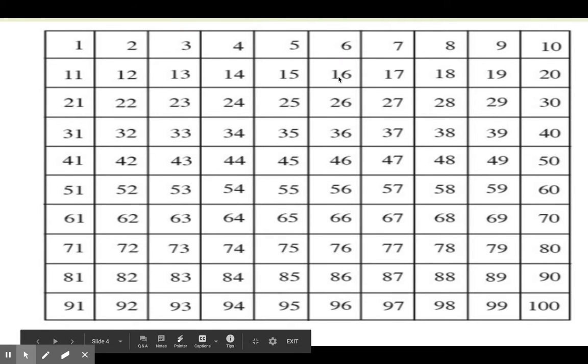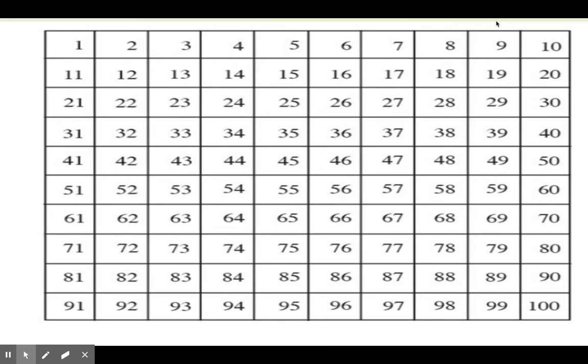The numbers that are divisible by 5 are all in this row right here with the 5s, and so they all end with a 5. And then the other part of it is that they're over here in the column that has the 10s, and so you'll notice they all end in a 0. So to be divisible by 5, we're looking for anything whose last digit is a 5 or a 0.